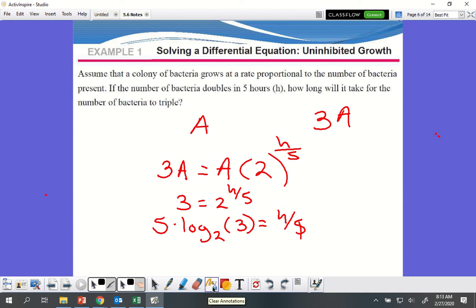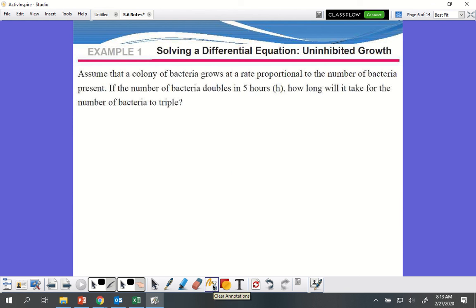Now, going back to this, I know that it's going to be triple again, right? My A value is 3A. So I have 3A. My A sub naught is just my A, because it's 3 times the original.